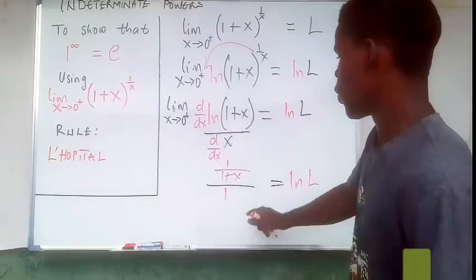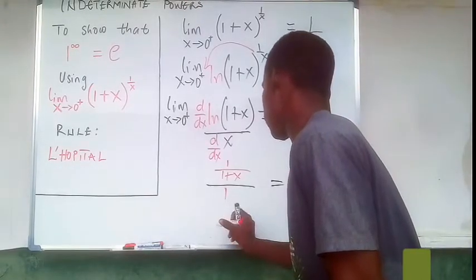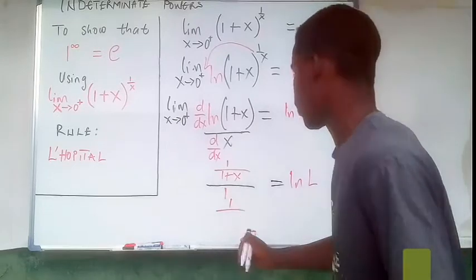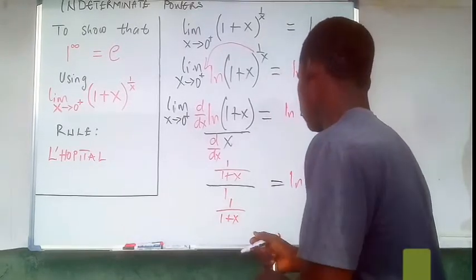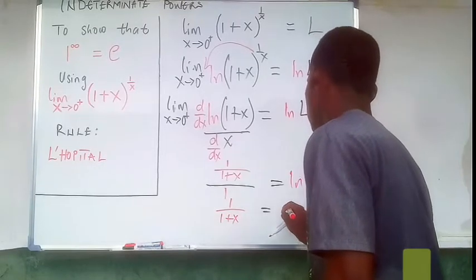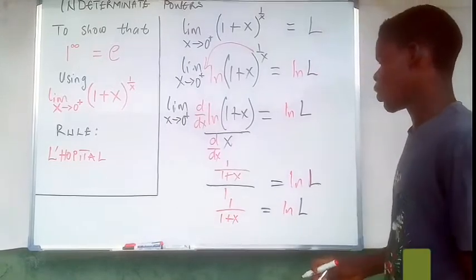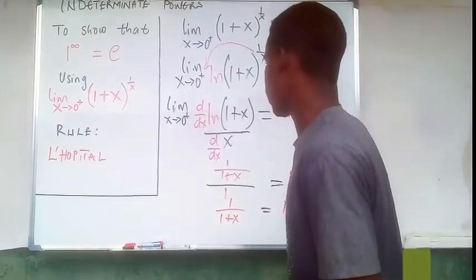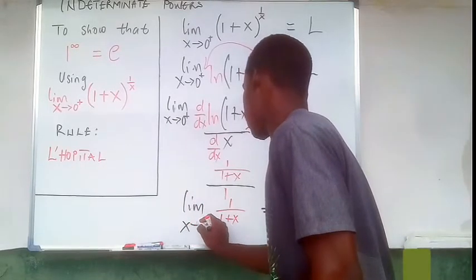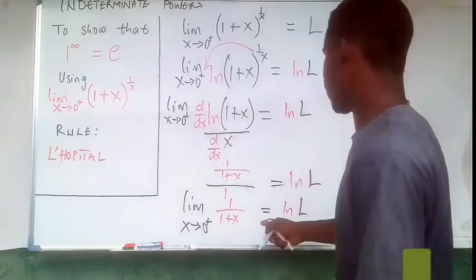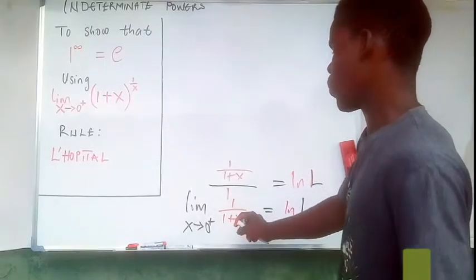So if you bring this down, we're going to have 1 over 1 plus x equals ln L. Now, if we take the limit as x approaches 0 plus of this, evaluating this limit, we're going to have 1 over 1 plus x.